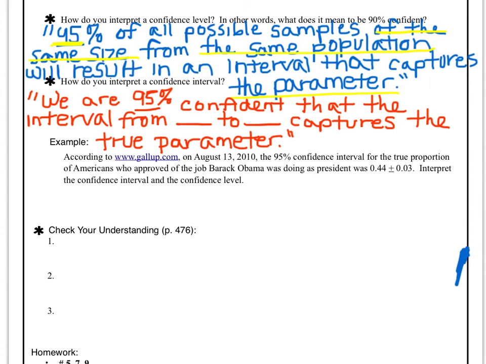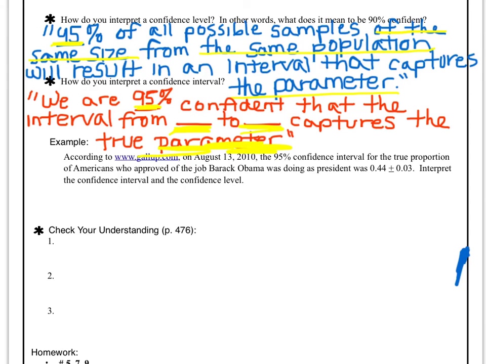Okay, remember again, this will change. Clearly these will change, and you always want to talk about this one in context.